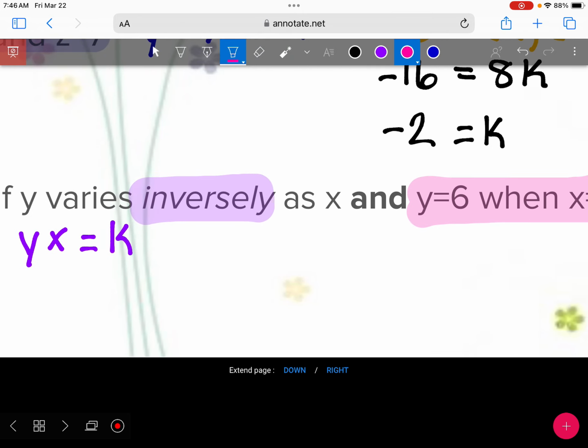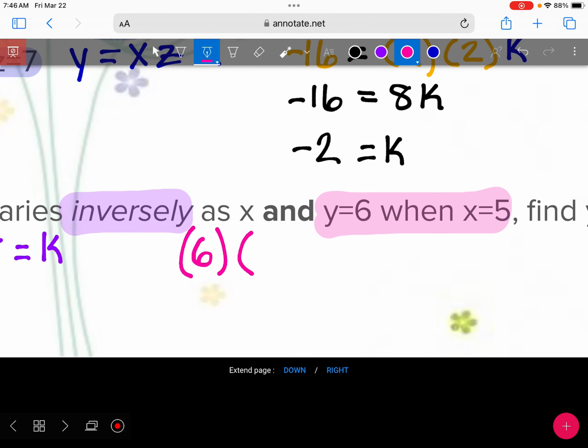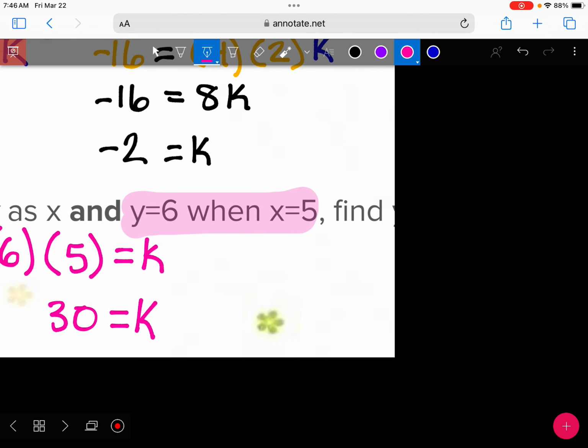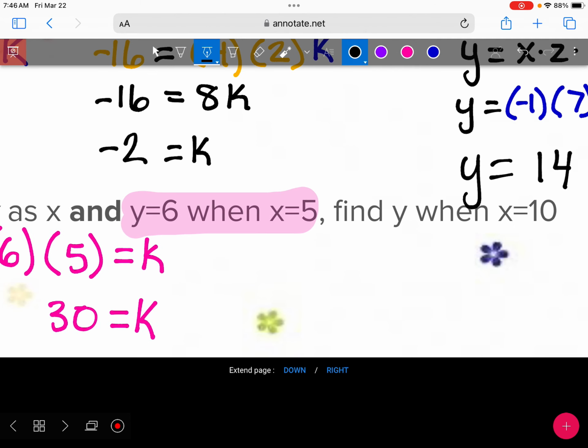To find our constant, we substitute those pieces in. We're going to have our 6 in for the y, our 5 in for the x, and that's going to equal our k. So what does our k equal? 30. So our generic form of our equation is yx equals 30.